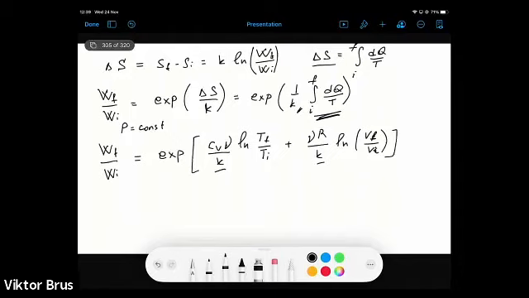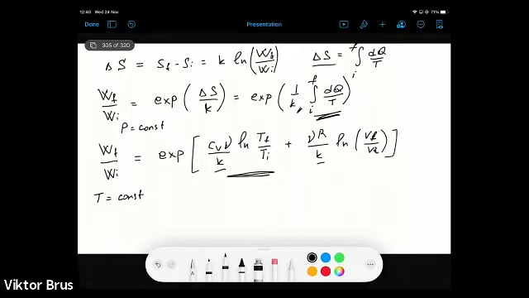So now this is given for the isobaric process, but we still have a bunch of other processes which should be considered. So let's say the isothermal process, T is equal to constant, then we don't have this component because change of temperature doesn't happen.